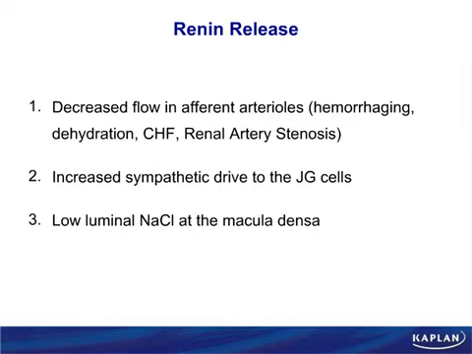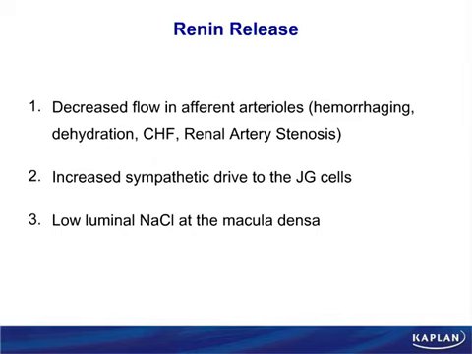So in a dehydrated state, we said the GFR drops, there's an increase in reabsorption at the proximal tubules. So that nephron in a dehydrated state will have low luminal concentration of sodium chloride. The macula densa has sensors for this. When the macula densa senses low luminal concentration of sodium chloride, that's a signal to say, hey, we are in a dehydrated state. We better secrete renin.